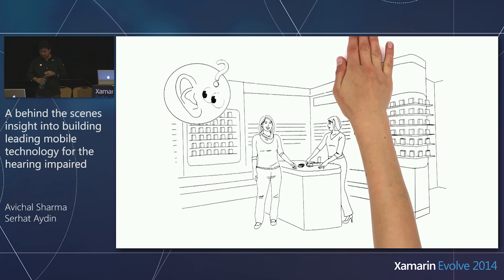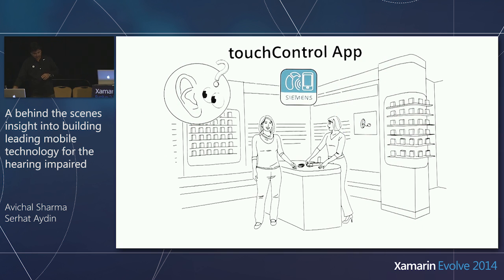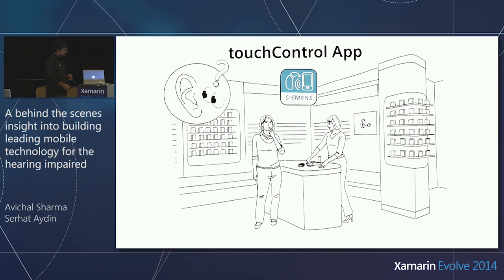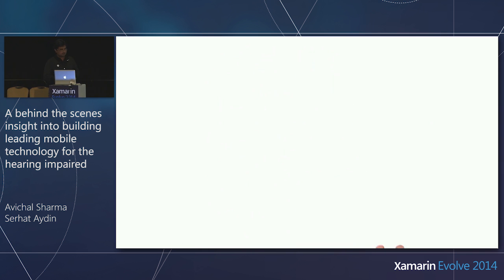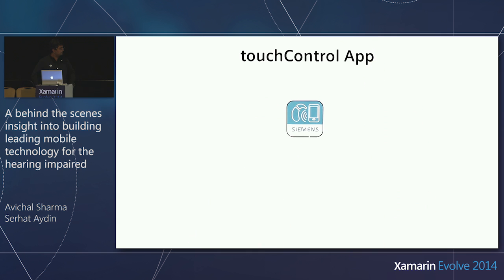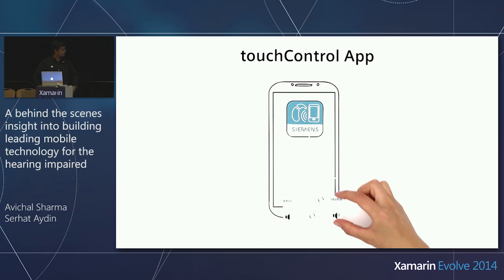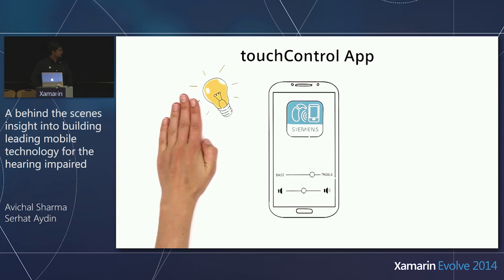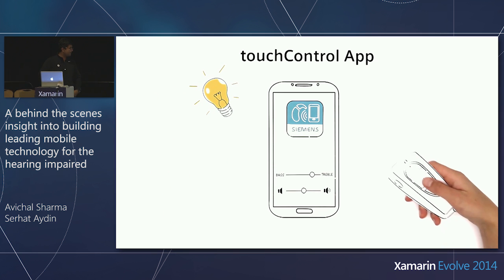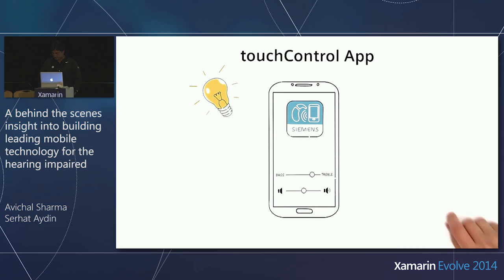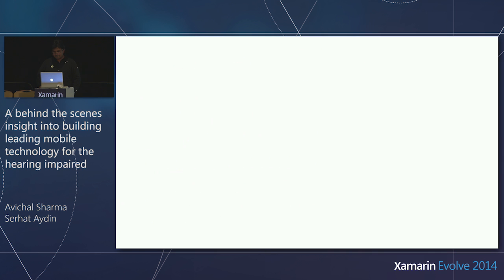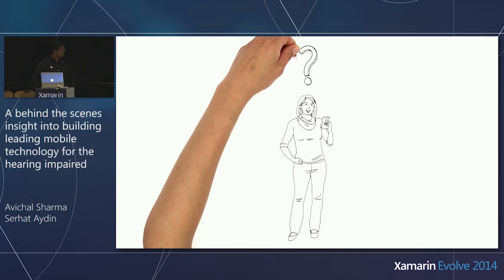The Siemens Touch Control app. Lisa is curious. What's that then? The Touch Control app works on most smartphones and can be used to adjust the various functions on a hearing instrument easily and without the need for any additional hardware. To anyone else, it just looks like Lisa is checking her phone. Great! But how exactly does it work?